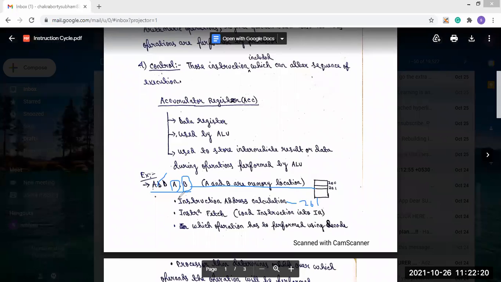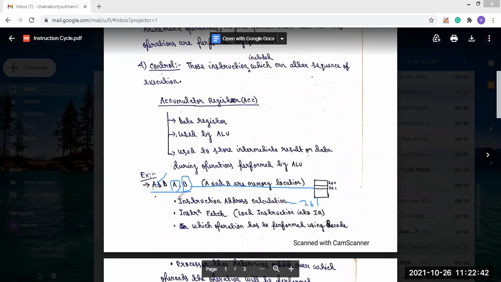So the operands present in the memory have to be brought into the temporary register, and after that we perform the computation.